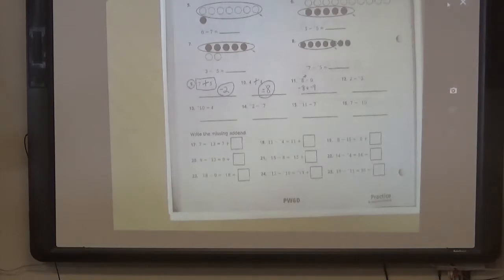Tate. So negative 7 plus negative 5. That's 12, not 2. No, negative 7 plus negative 5 is negative 12. But this is negative 7 minus negative 5, not plus negative 5. Why do you put a plus there? Because the plus sign cancels out both minus signs. Two minus signs in a row cancel each other out and become just plus.